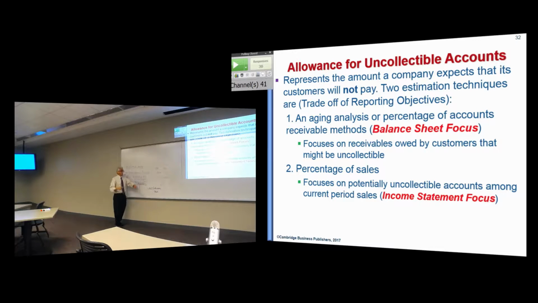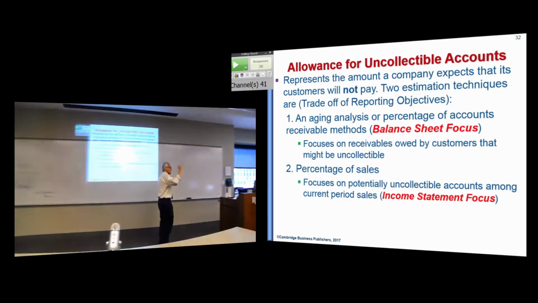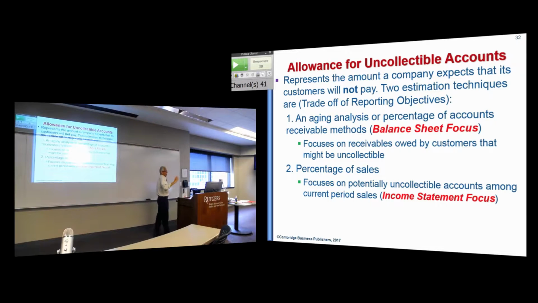On the other side, if I focus on the expense and take a percentage of revenue, then I get the expense I want, I satisfy matching, but I don't necessarily get the realizable value that I should have on my balance sheet. So you're going to be trading off income statement matching with balance sheet valuation. So the balance sheet approaches focus on proper balance sheet measurement of net realizable value, whereas the income statement approaches focus on the matching and less on the balance sheet.